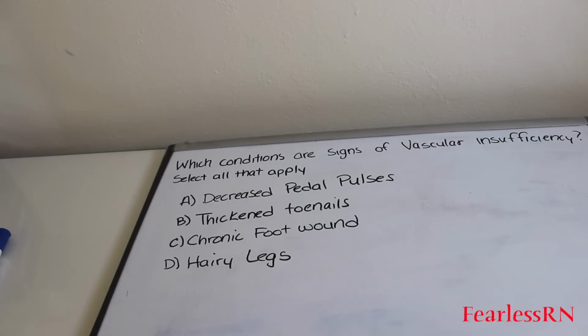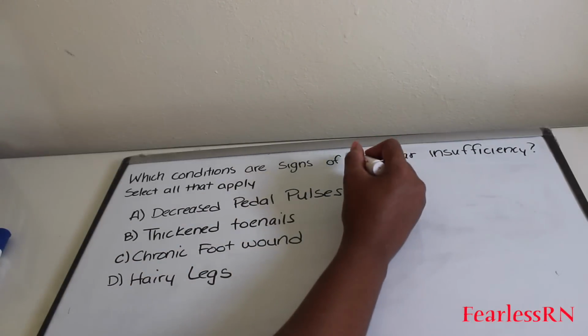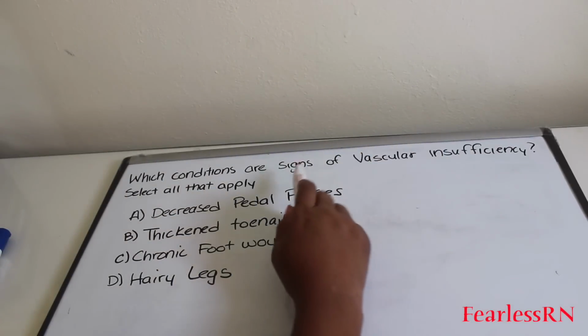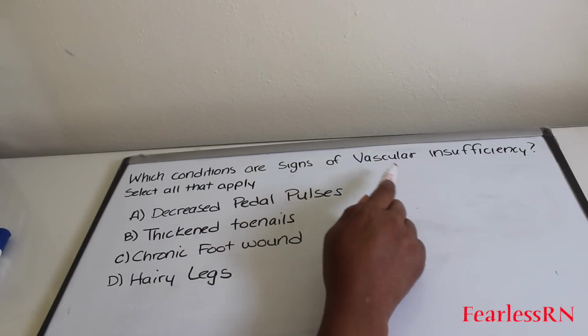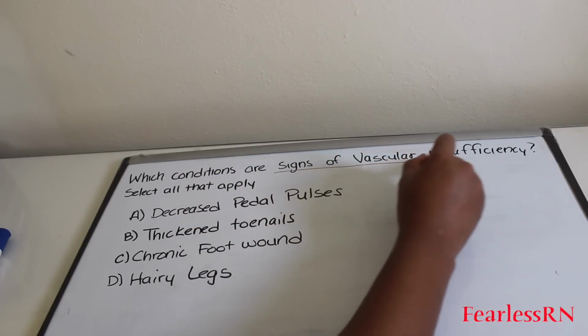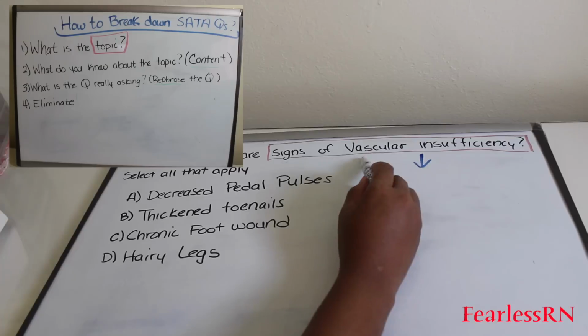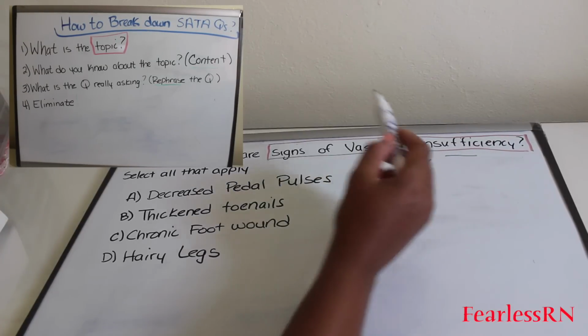So now go back to the 4 steps that I showed you previously and tell me, what is the topic? If you said signs of vascular insufficiency, then you are correct. That is the topic. Now going to step 2, vascular insufficiency.